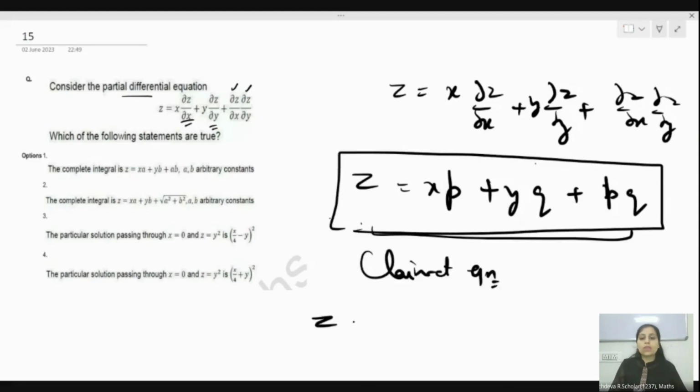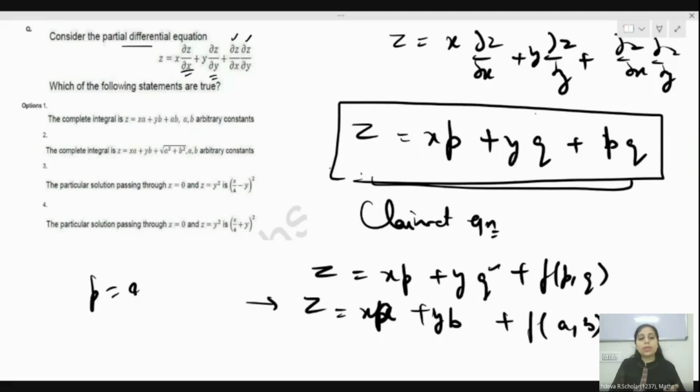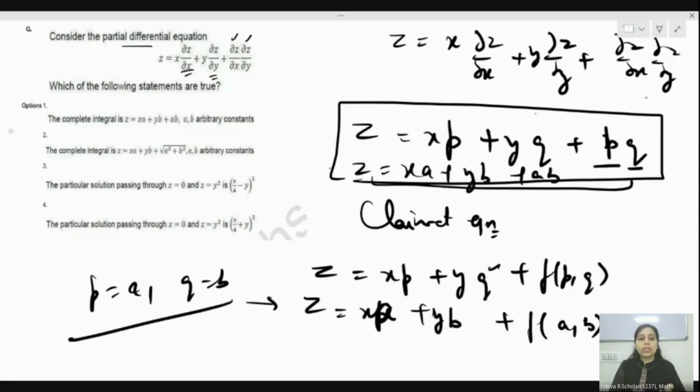A Clairaut equation is of the type z = xp + yq + f(p, q), and its solution can be directly written by simply substituting p by a and q by b. So here the solution will become z = xa + yb + ab. So option number first is correct, second is false.